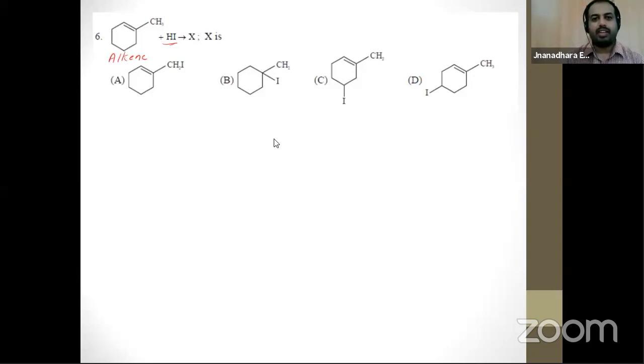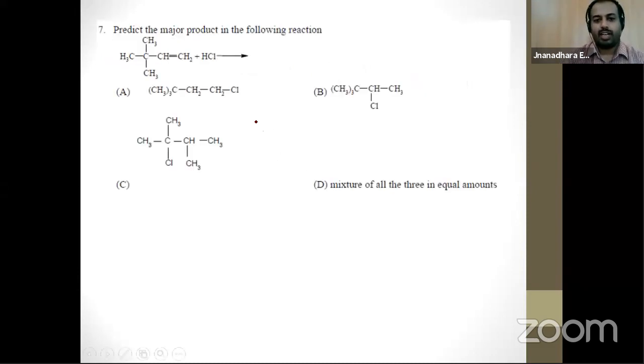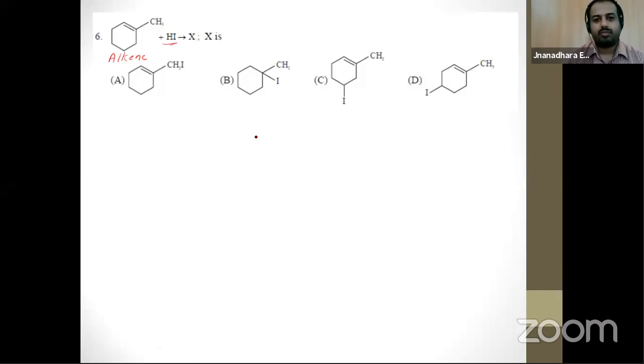Let's verify. See, the background for this question is reaction of HI, a halogen acid, with an alkene. Now this alkene here is an unsymmetrical alkene, RCH=CH2.